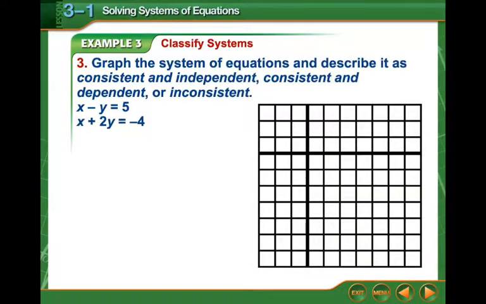The next one, same idea, but now it says to describe them as consistent and independent, consistent and dependent, or inconsistent. So those are just some fancy words to mean what we already know. So consistent and independent means there is one solution.